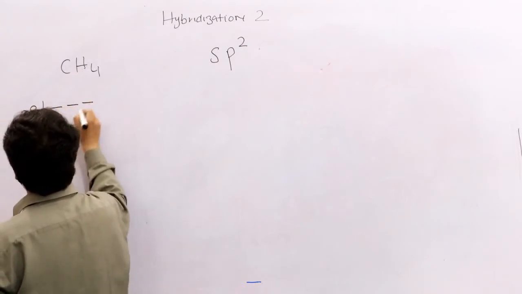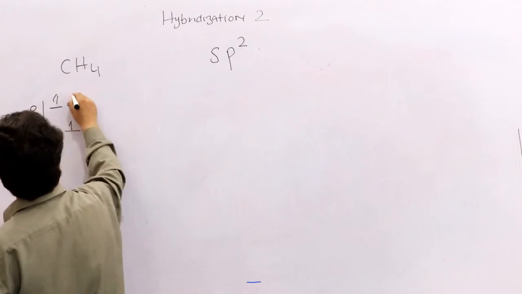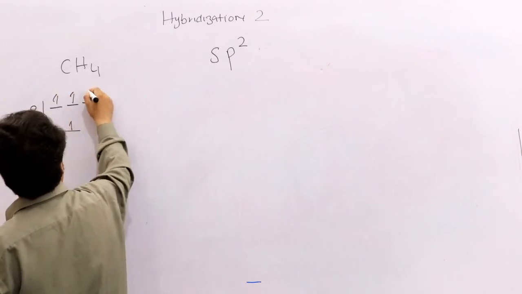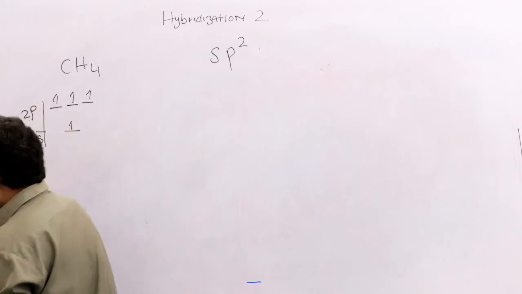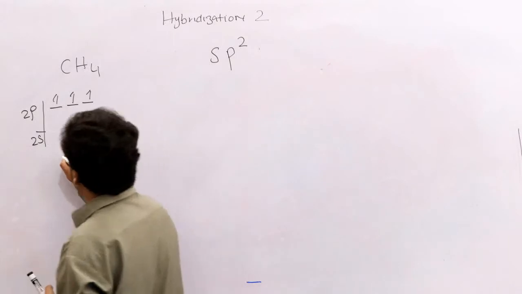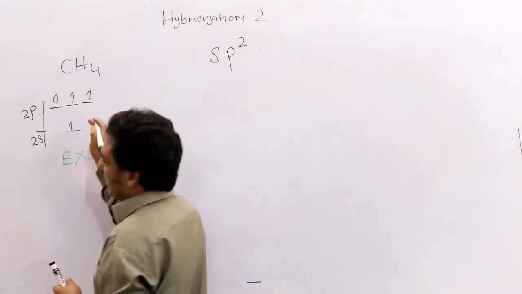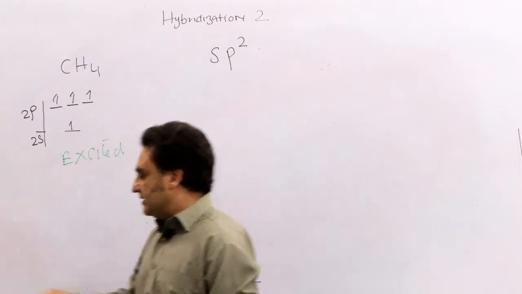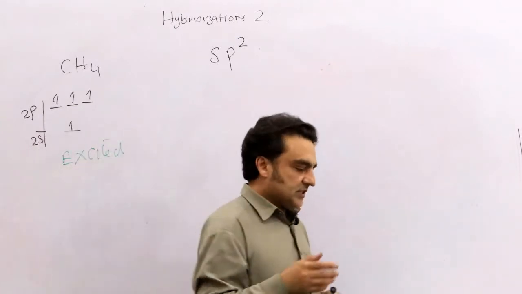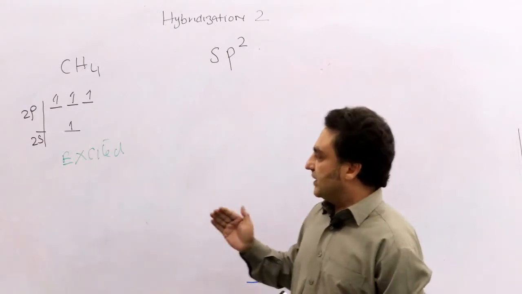The 2s has one electron, and the 2p orbitals have one electron each, when carbon was in the excited state. We saw this earlier, two lectures before this one. So that was the case of the carbon.